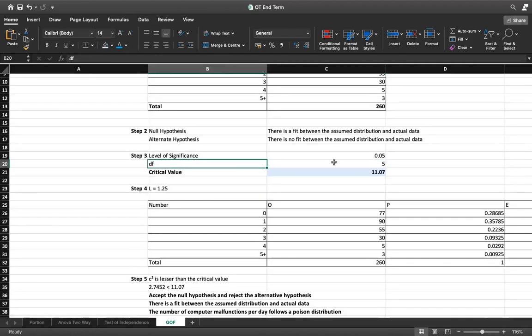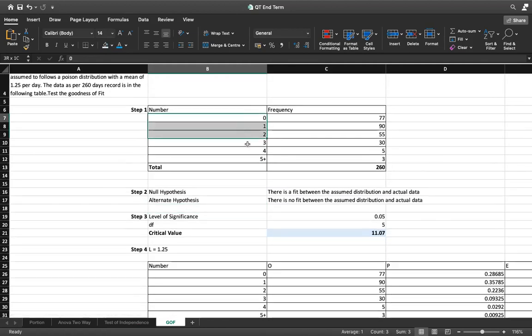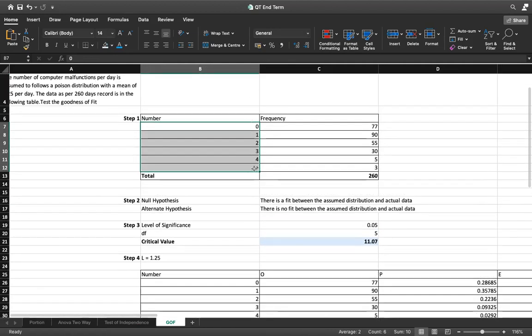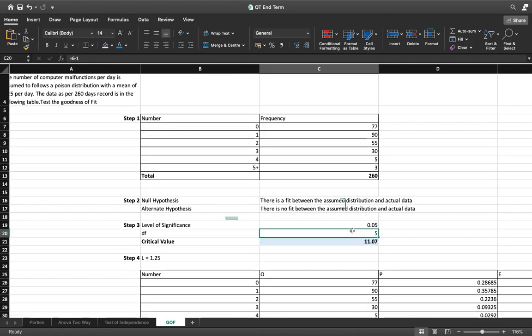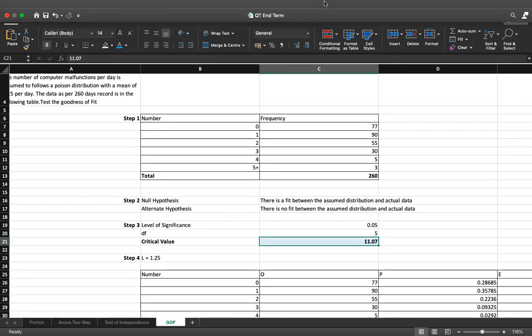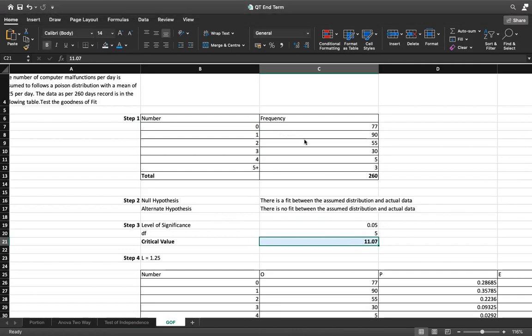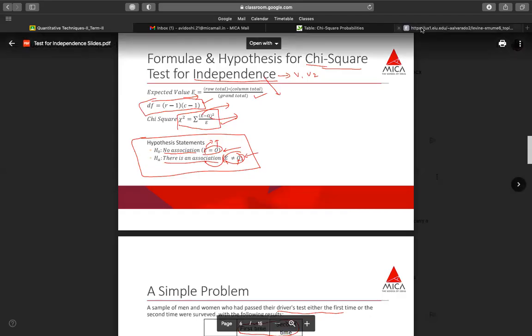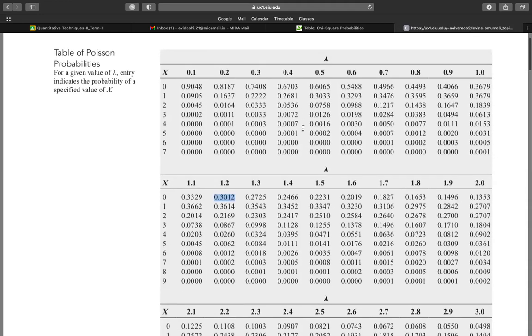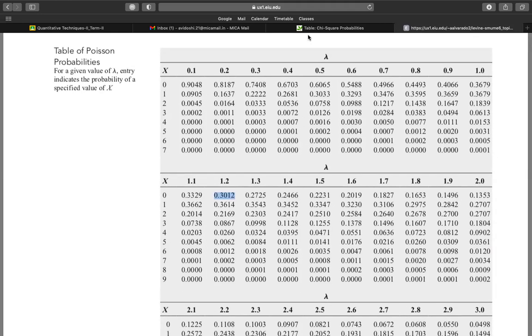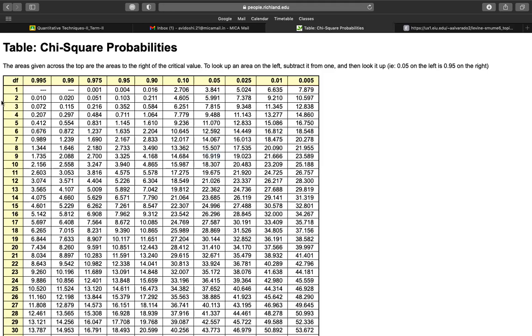My degree of freedom is 5. I get this 5 because there are 6 rows, so my DF is 6 minus 1. And I'll be finding the critical value. The critical value is found from the chi-square table.